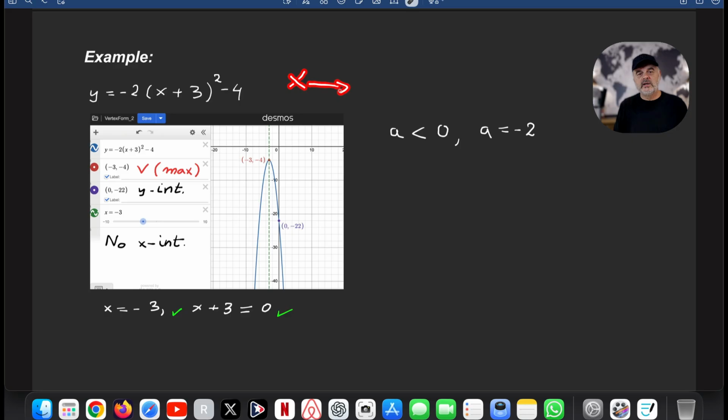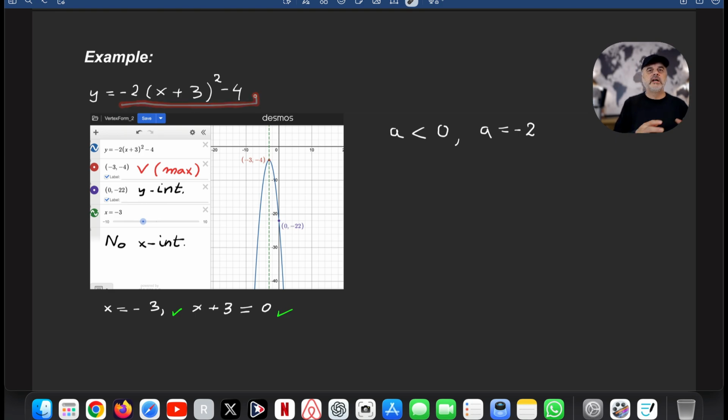So the parabola was shifted 3 units to the left. The opening is down, and then there's a drop by 4 units down. So this is the information that we can extract from that formula.